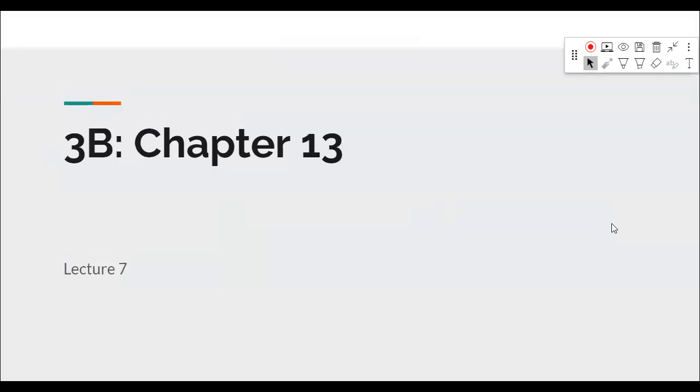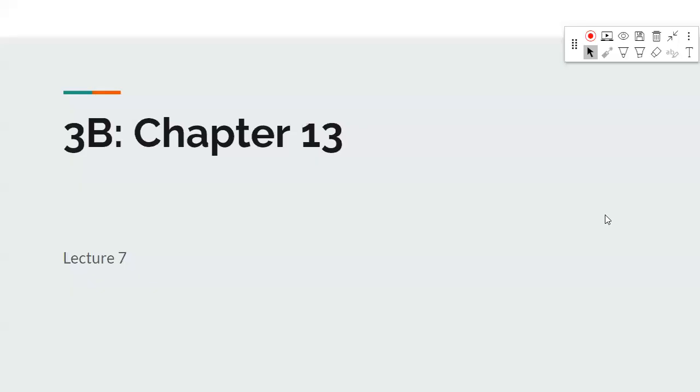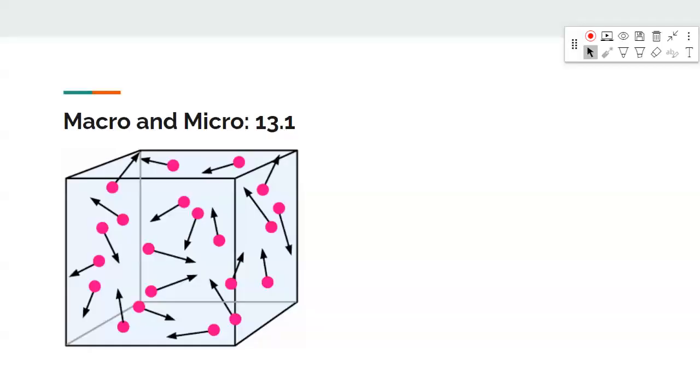Okay. So because of time, this will run into tomorrow, and then we'll probably just shorten our discussion of entropy a little bit. But chapter 13 is all about connecting microscopic processes to the large scale, the macroscopic process.